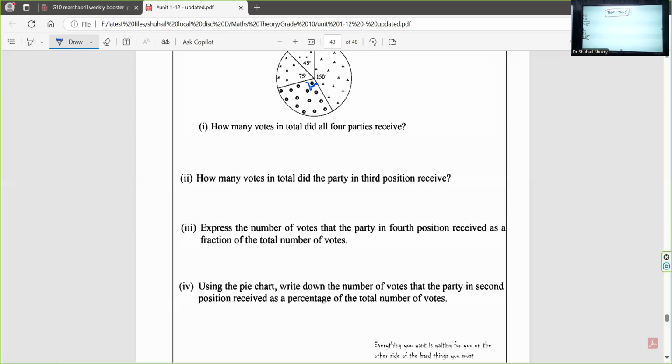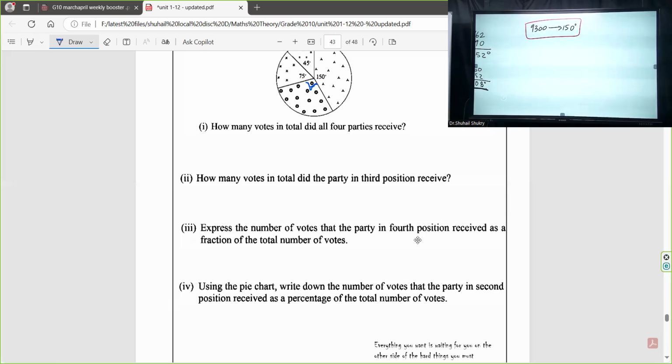You have to use this golden box and you have to do the work. 9,300 people represent 150 degrees. Okay.